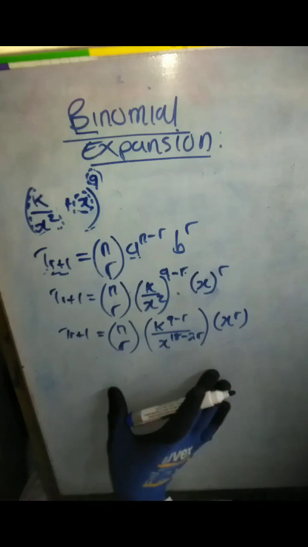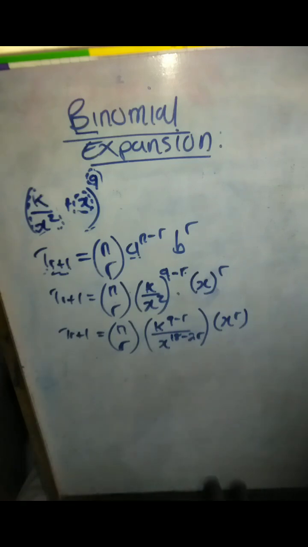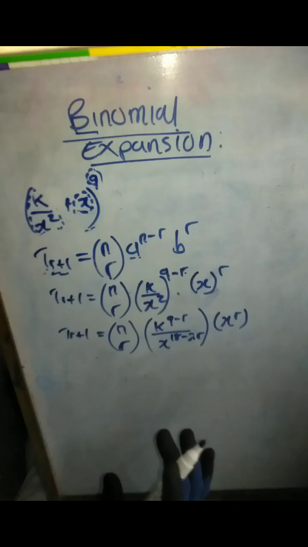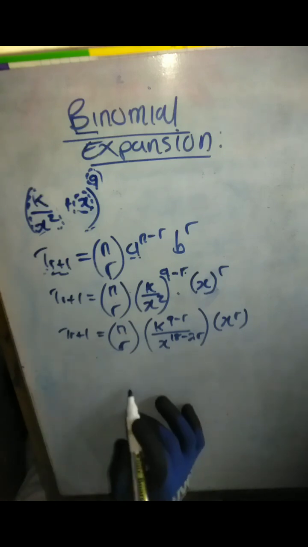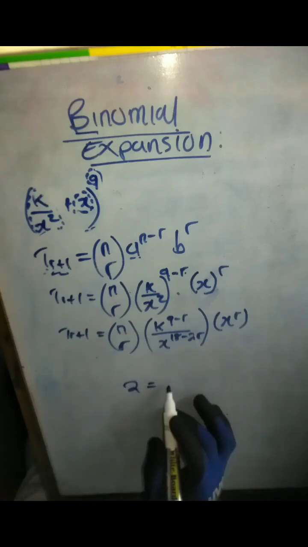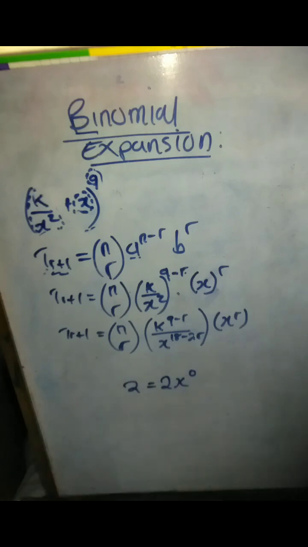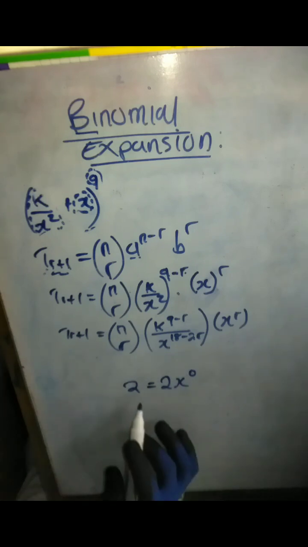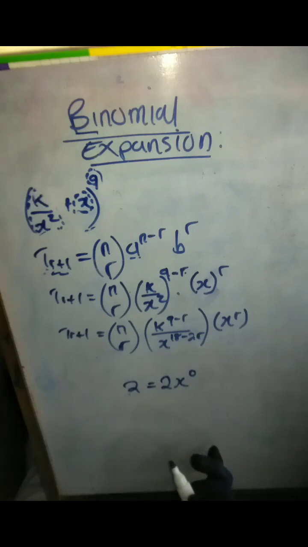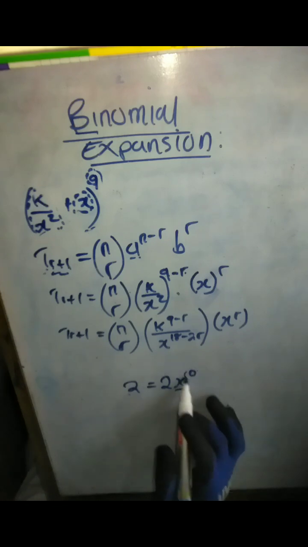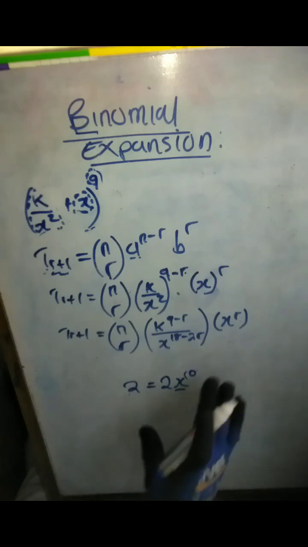Now in this case, since we are talking about the term independent of x, I said this can be equal to x to the power 0. So when you have the term which is independent of x, it means that x is to the power 0. That's what it means.